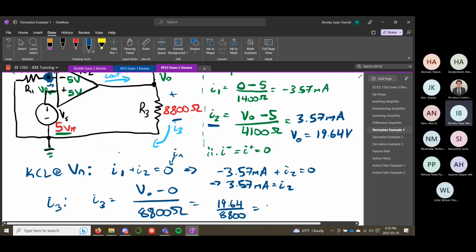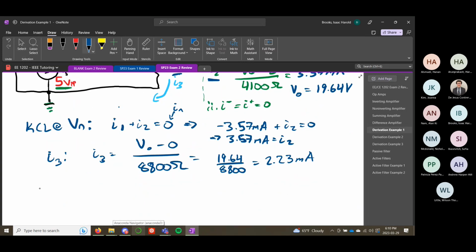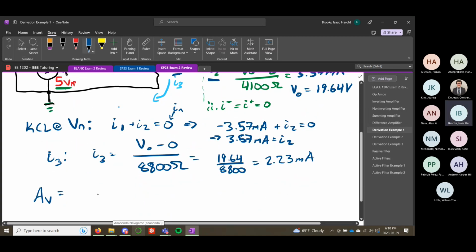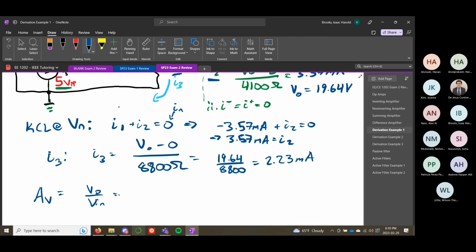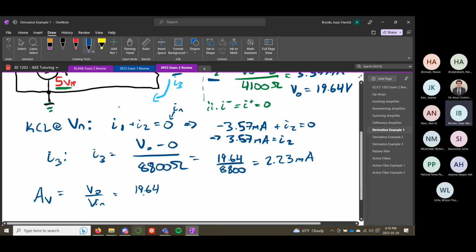And that gives us, looks like 2.23 milliamps. And then our gain in volts per volt is V out over V in, which is 19.64 over our input of 5 volts, which is going to be a little bit less than 4, I think.